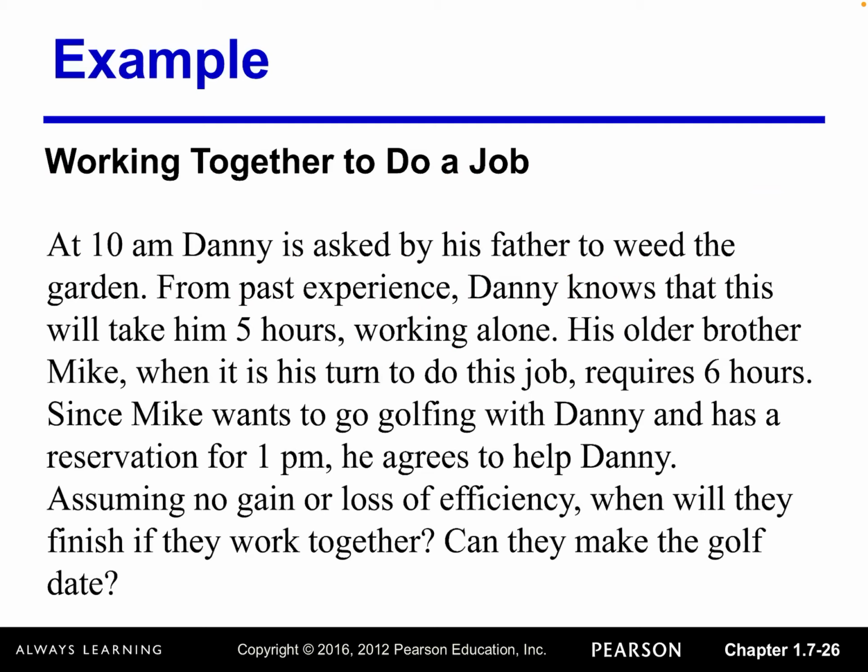Since Mike wants to go golfing with Danny and has a reservation for 1 o'clock p.m., he agrees to help Danny. Assuming no gains or loss of efficiency, when will they finish if they work together? Can they make the golf date?